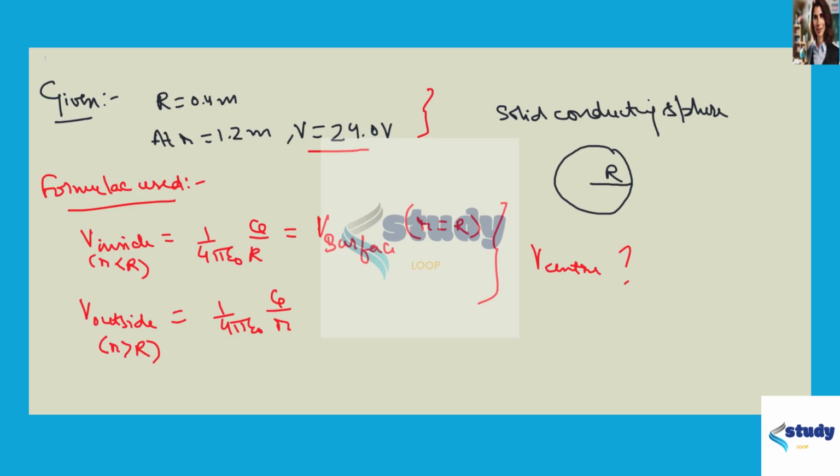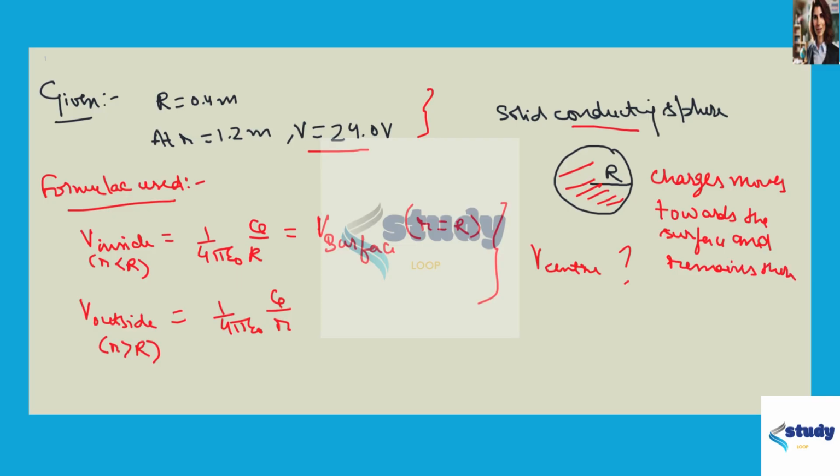So first let us understand why this formula for this configuration. Since this is a conducting sphere, whatever the charge is on the sphere goes on the surface. So charge moves towards the surface and remains there. If the Q is positive, we will have configuration as follows.